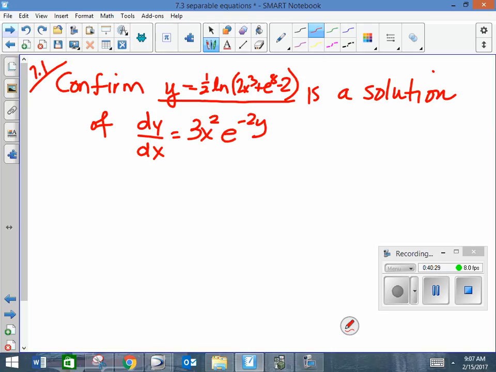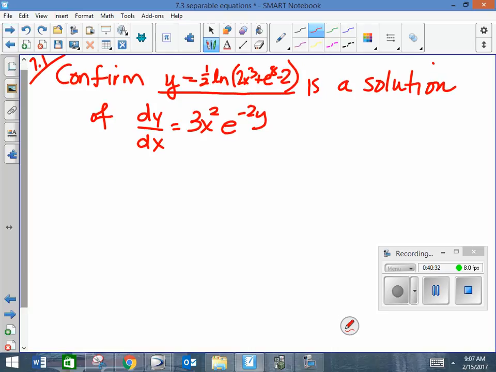All right, so where do we start? Remember, confirming is taking this DE and throwing in the solution and making sure that that is a true statement. So which side of that DE should we start, left or right? Right, for sure. Okay, so 3x squared e to the negative 2y.